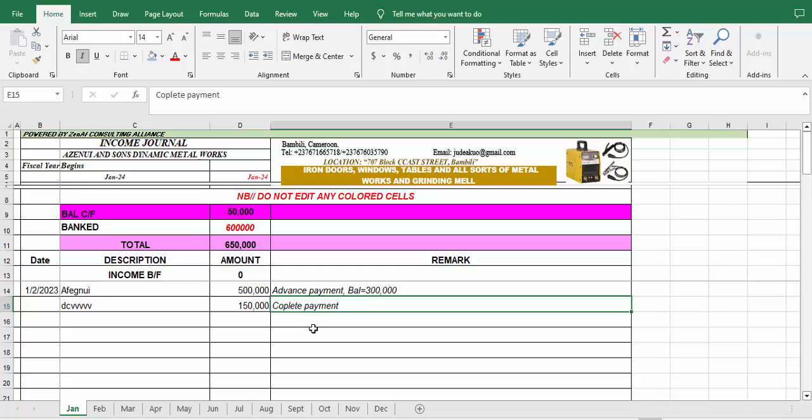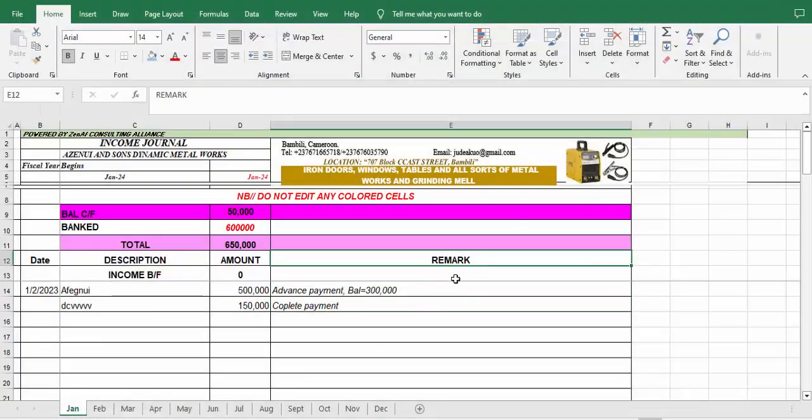When another client comes, you use the system to build another invoice, print it, and that is how it goes. So this is it with the income journal. If you have any challenge understanding, you let me know.